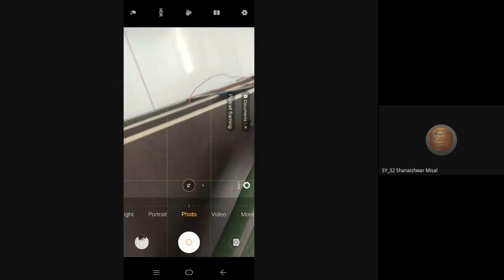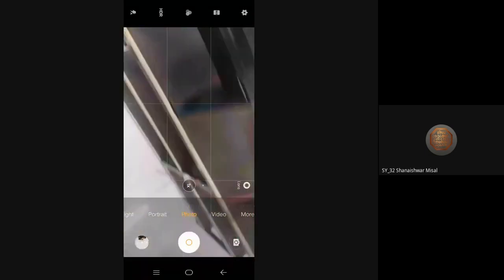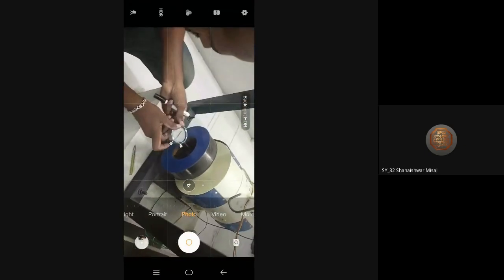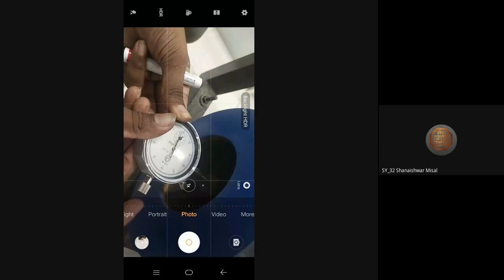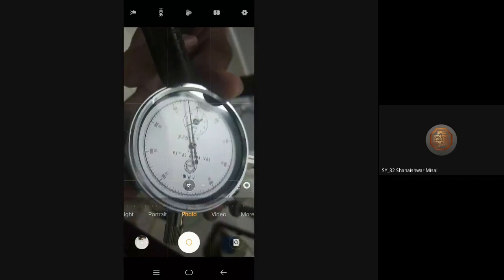Now you can see the motor is starting. Our motor is rotating. Now we will measure the speed. The speed of the motor, you can see one cycle completed and another 1450.